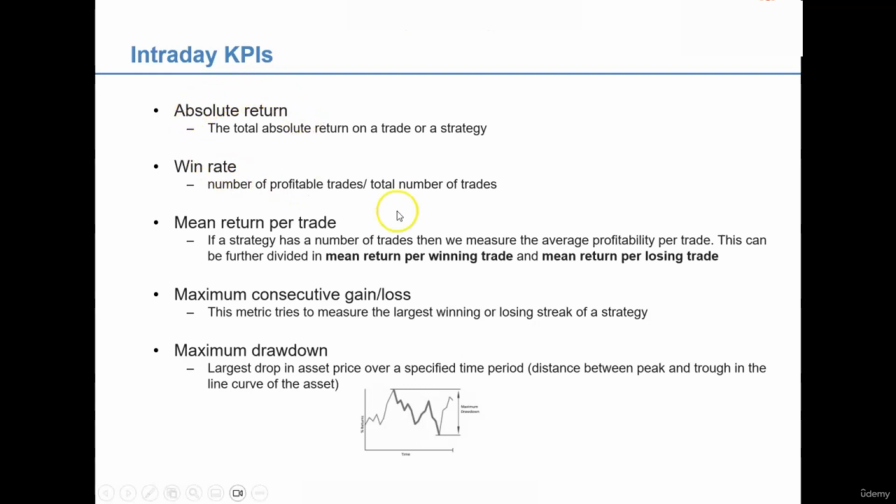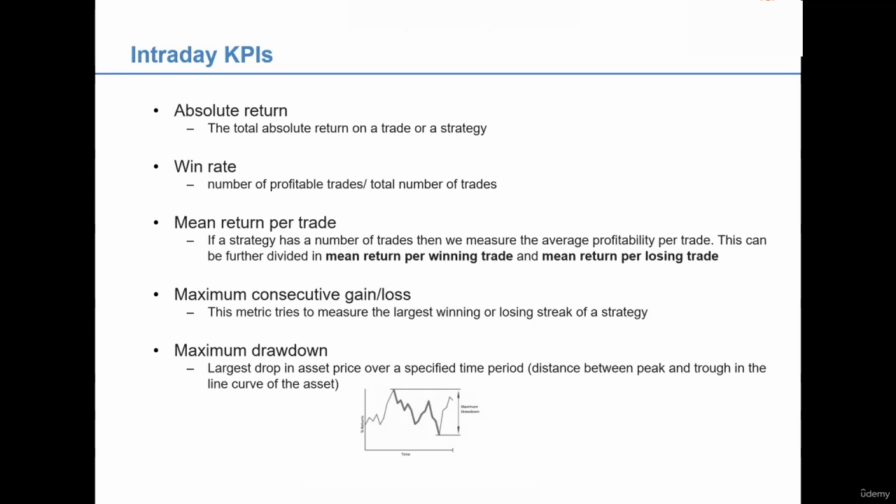These are some of the KPIs that are mostly used by intraday traders. Since the strategies that we will be implementing would be intraday, meaning the candles or the periods on which we would be trading would be less than a day, I thought I would discuss some of these because we will have to implement them in our code so that we can measure these KPIs to assess our strategy.